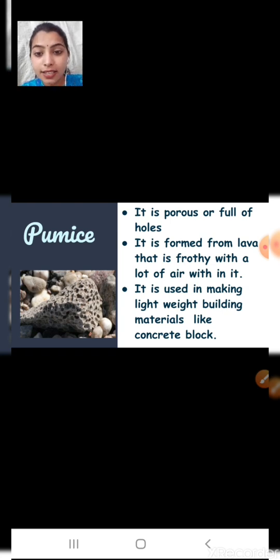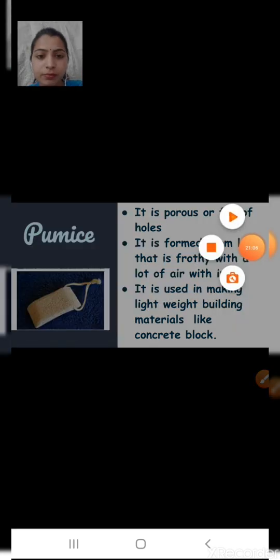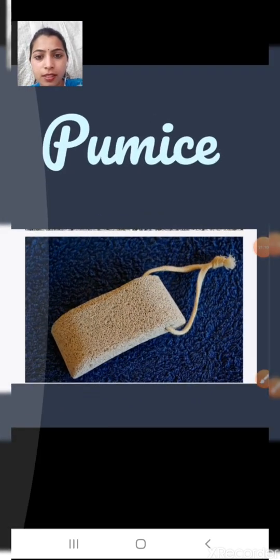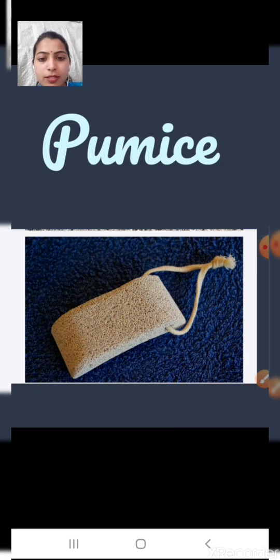It is light in color, lightweight, and has pores. That rock is full of pores. Let me show you the picture. See children, this is pumice.